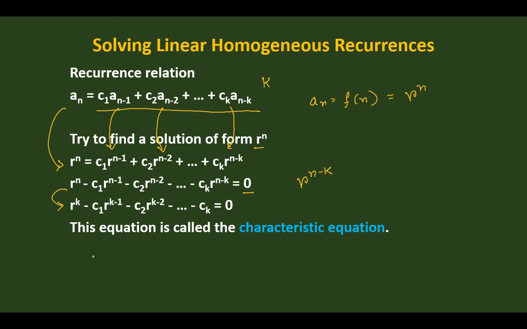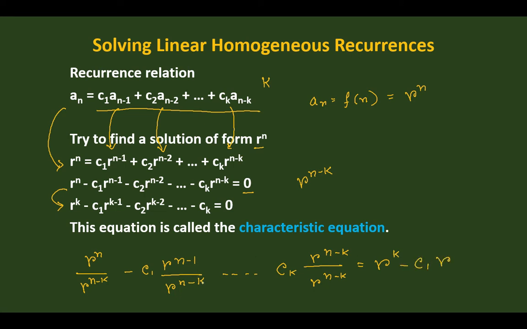So what is happening here? If we divide r to the power n by r to the power n minus k, then c1 r to the power n minus 1 divided by r to the power n minus k, and lastly ck r to the power n minus k divided by r to the power n minus k, then this will result in r to the power k, obviously, then c1 r to the power k minus 1, right?